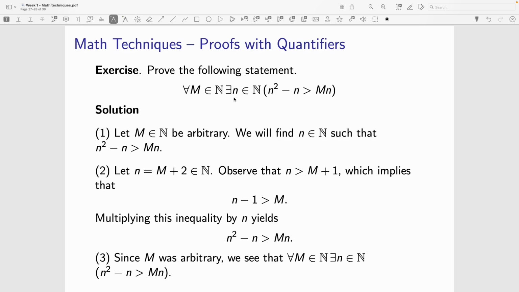I think an easier example is that for all n in integers, there exists m in the integers such that n plus m equals 0.